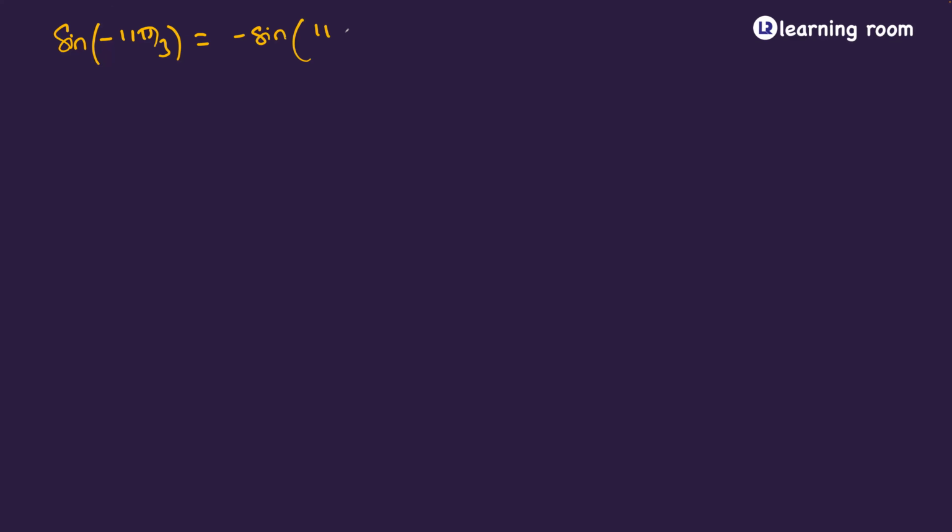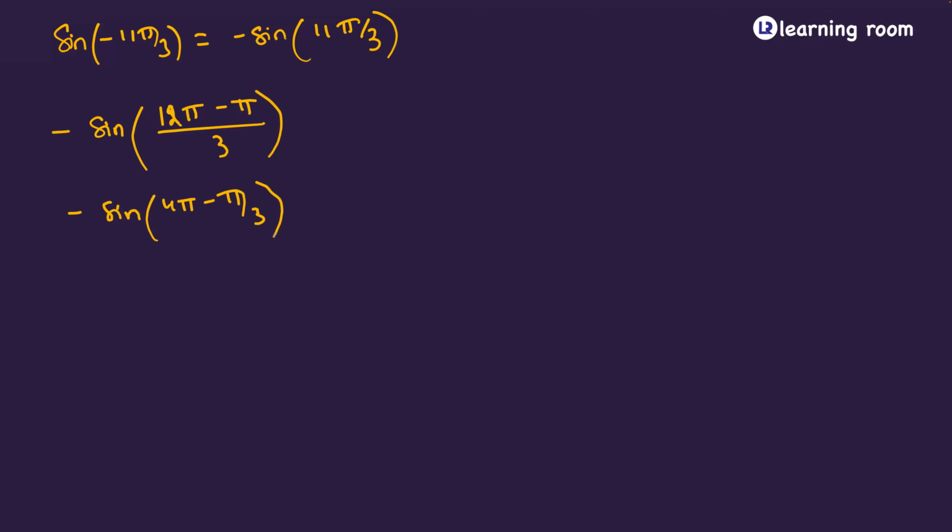Minus sine of 11 pi by 3. Numerator is greater than the denominator. So closest multiple is 12. So you have 12 pi minus pi, the whole divided by 3. So minus sine of 4 pi minus pi by 3. So sine of 4 pi means 2 rotations.